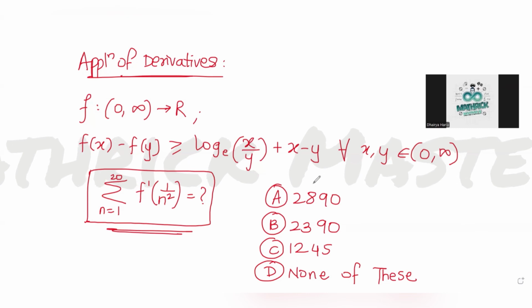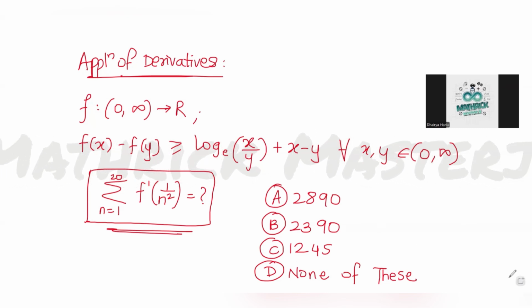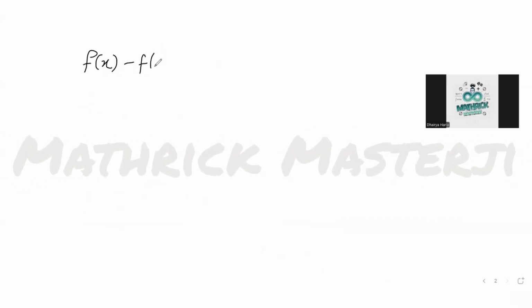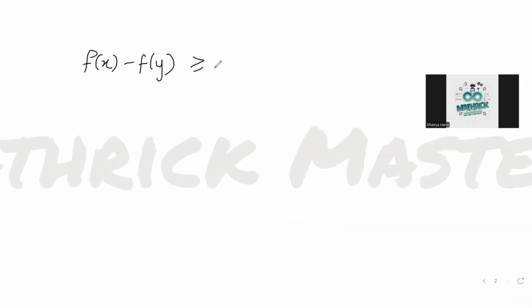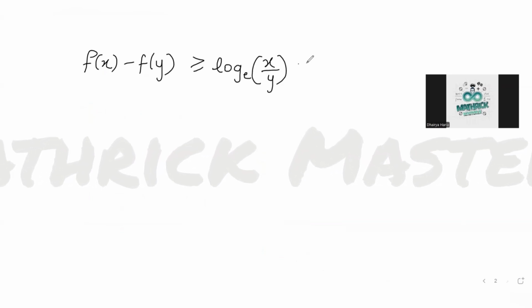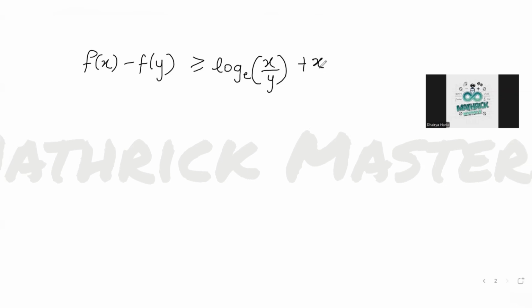For solving this question further, I have been given f of x minus f of y is greater than or equal to natural log of x over y plus x minus y.